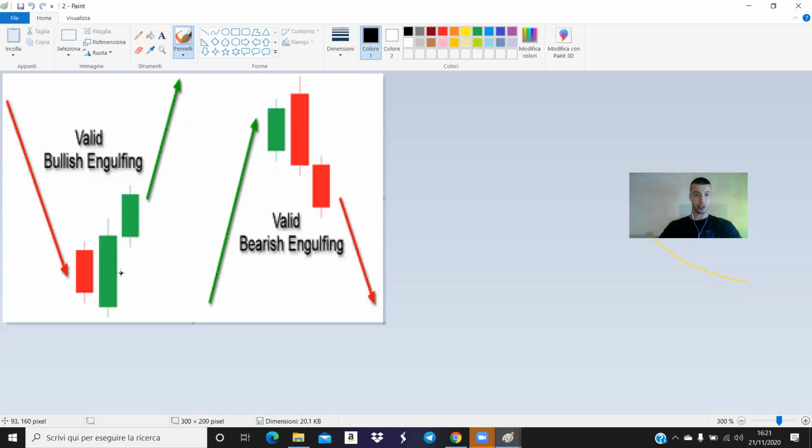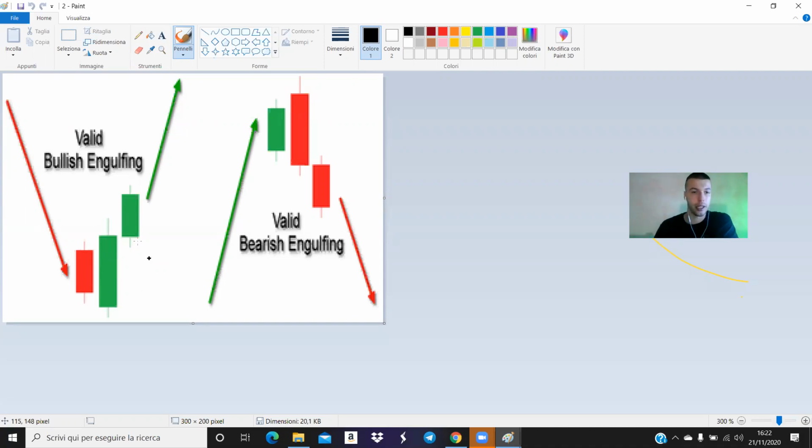It works. I'm not saying that you shouldn't use it. I'm just telling you what I prefer. I'm only showing you the candlestick patterns that I prefer. So the best for me are the tweezer tops or bottoms, the pin bars, and the engulfing. But if I can choose one, it is definitely the pin bar, because you're not going to miss out on so many pips like if you are waiting for the engulfing candle.